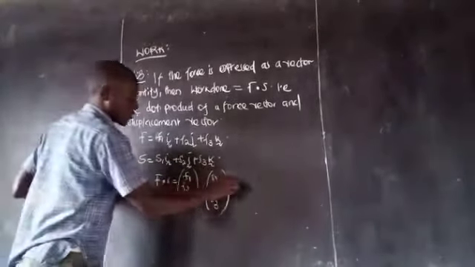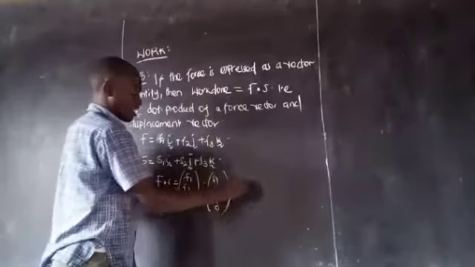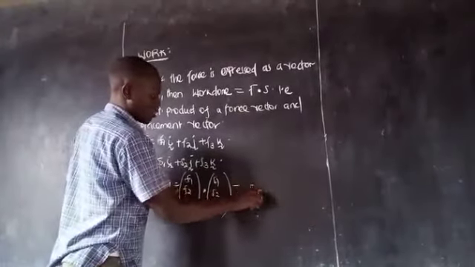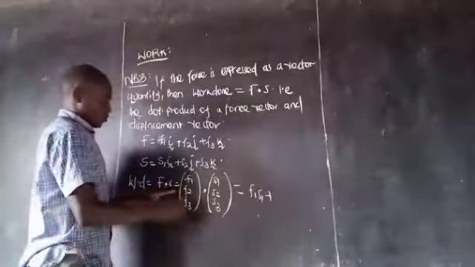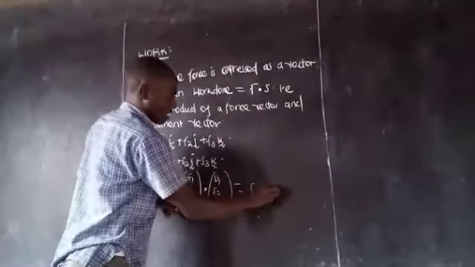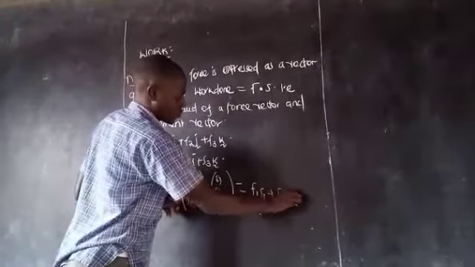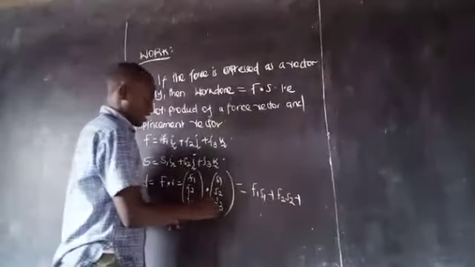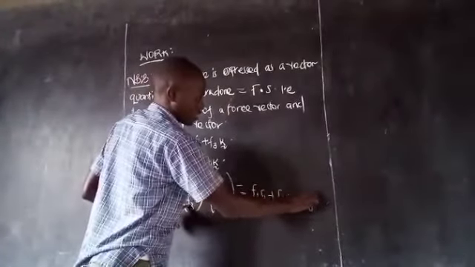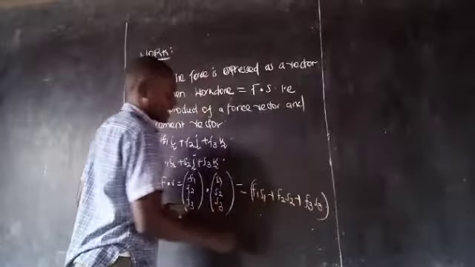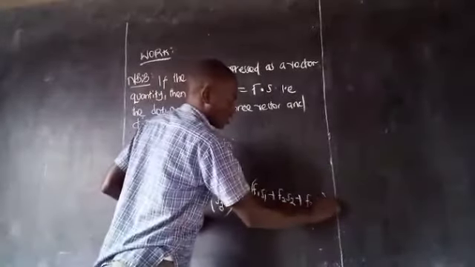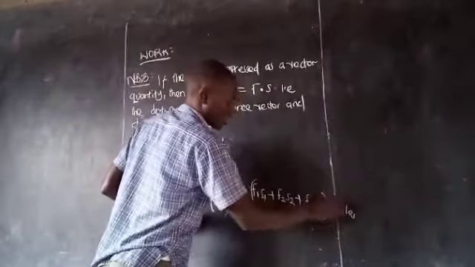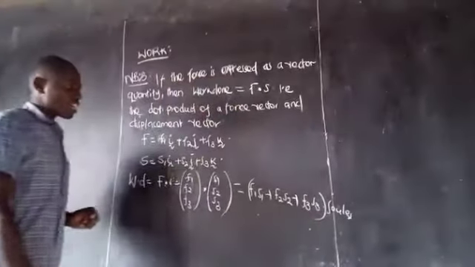This simply gives you F1 S1, you add, when you dot j and j, that is F2 S2, and then you add F3 S3. And this is a scalar quantity, we call it joules. That will be the work done. An example.